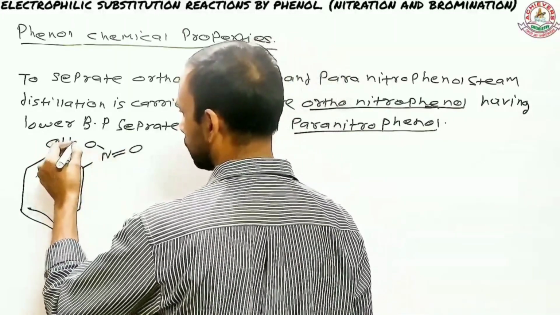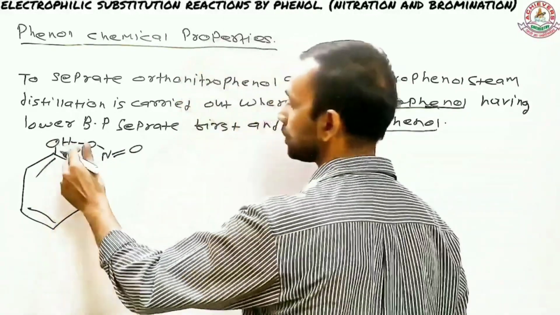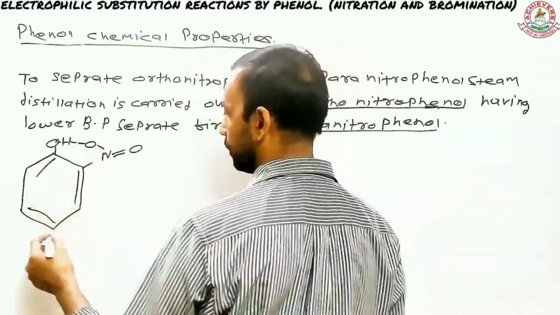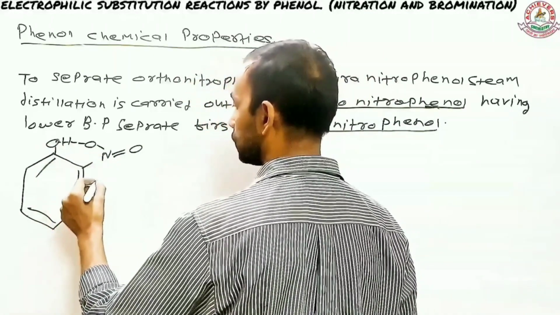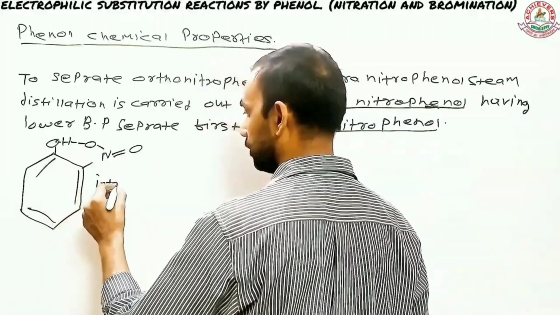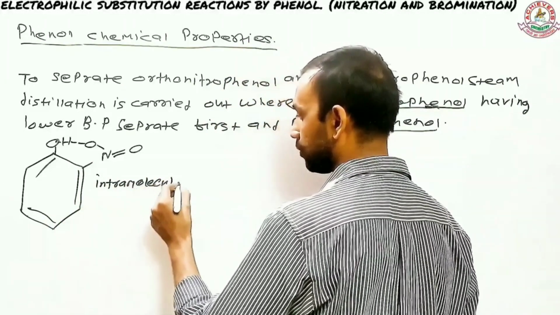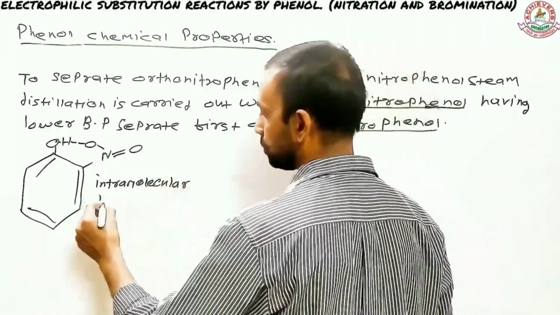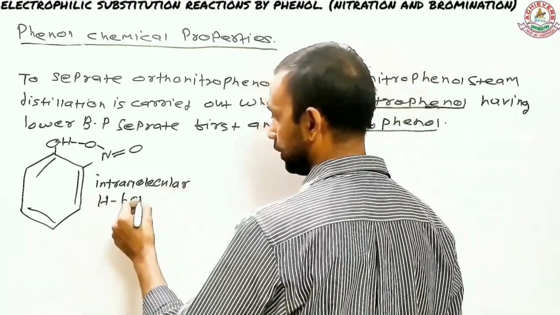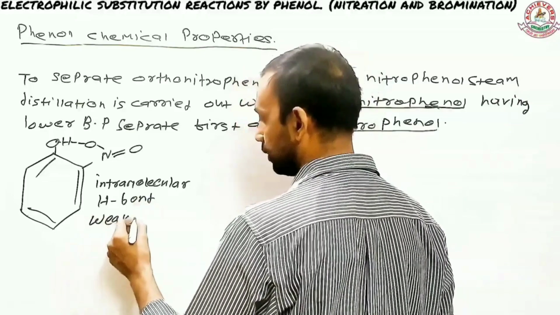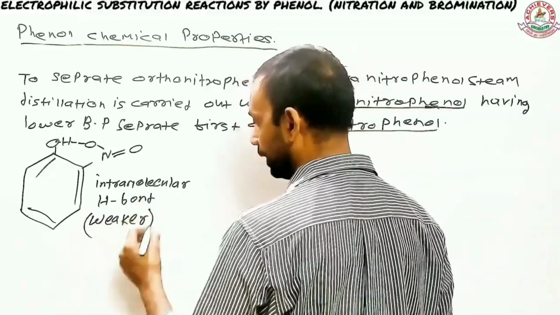Actually, there is a hydrogen bond here, between the groups in the nitrophenol. This is called an intramolecular hydrogen bond, and it is weaker. You have to understand that this is a weak bond as compared to the other one.